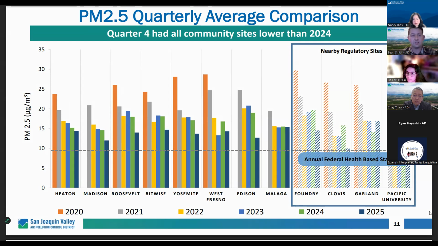And they're slowly getting closer to that annual federal health-based standard. The concentrations are depicted on the left-hand side for your reference. And then it's also compared to the nearby regulatory sites, which are reflecting the general trend towards that 9 micrograms per meter cubed. Next slide, please.